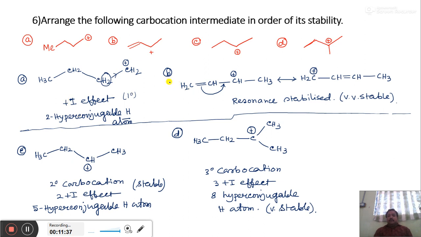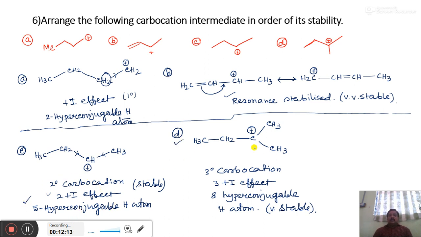In option B carbocation, a double bond is present, so this double bond undergoes conjugation with the positively charged carbon, and this carbocation is very stable because it is resonance stabilized. In case of C, it is a 2-degree carbocation where it contains 2 plus I effects, one of the ethyl group and one of the methyl group. 2 plus I effects are present as well as 5 hyperconjugate H atoms.